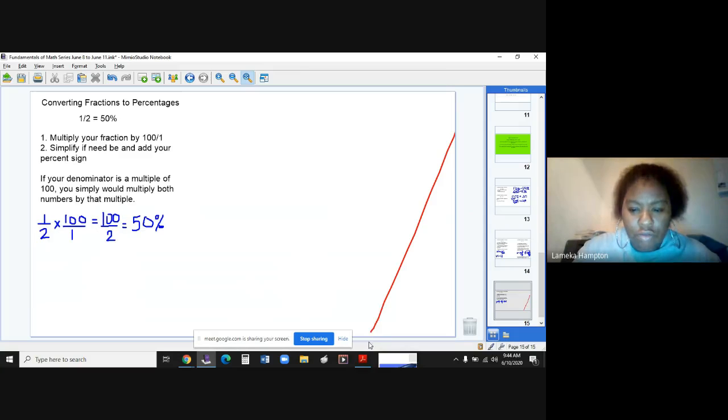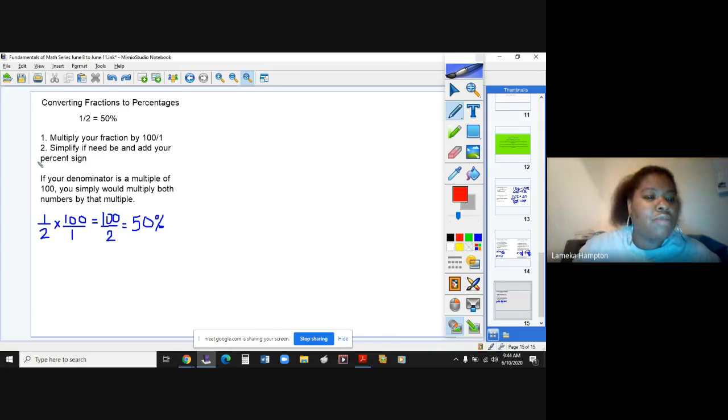All right. Uh-oh. Whoops. Didn't need that line right there. All right. So now what I'm going to do is, if your denominator is a multiple of 100, 2 is a multiple of 100. Okay? So I am going to say 1/2. What number, if I multiplied it by 2, would give me 100?